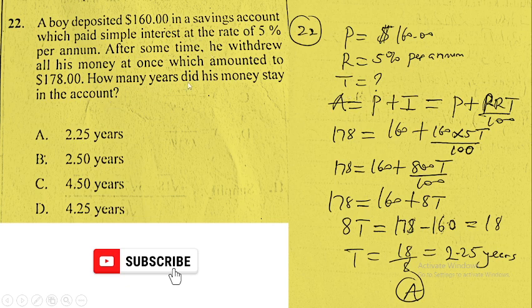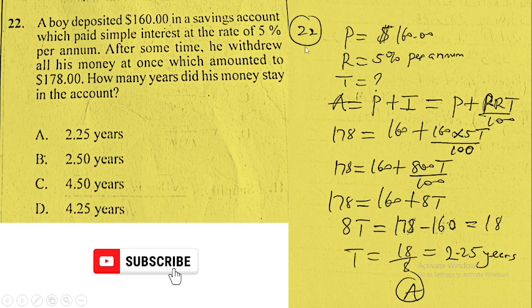So this question is on arithmetic of finance, which is simple interest. The boy deposited $160, that's the principal. Then the rate is 5% per annum. We have to find the time the boy deposited the money, and we are told that all the money the boy withdrew amounted to $178.